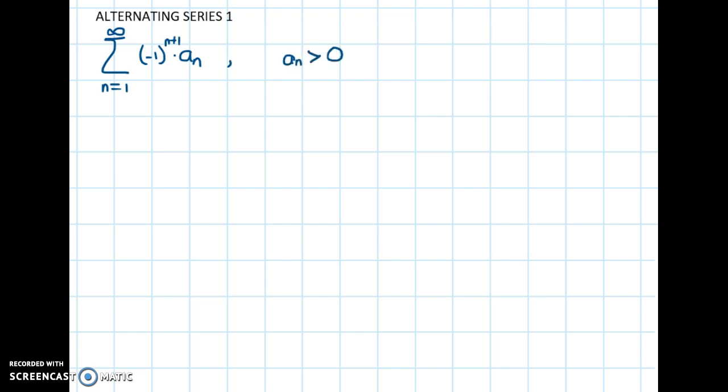So the terms are in principle positive, but then we multiply them by either 1 or -1, and then we make this series alternate. So when n is equal to 1, we get a1 minus a2 plus a3 minus a4 and so on.